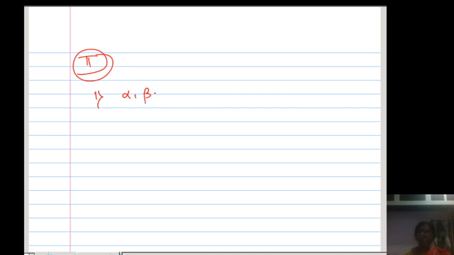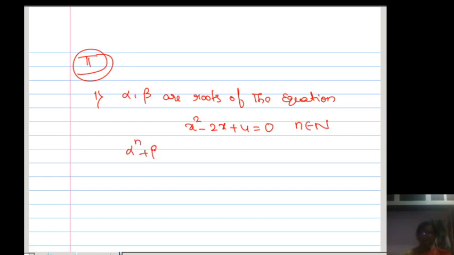Let alpha and beta be the roots of the equation x square minus 2x plus 4 is equal to 0, for any n belongs to natural numbers. Then we have to show that alpha power n plus beta power n is equal to 2 power n plus 1 into cos of n pi by 3.